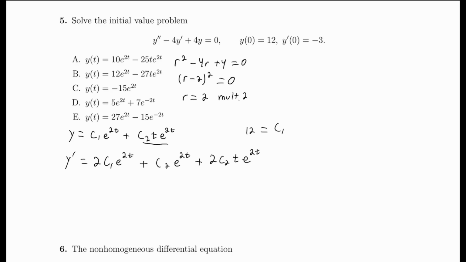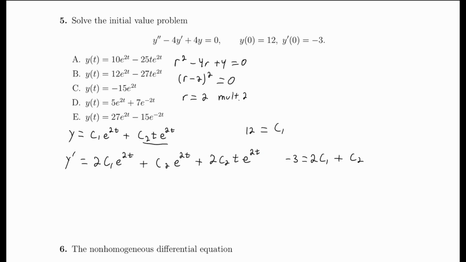We see our left-hand side is going to be negative 3 is equal to, then plug 0 in for t. We'll get 2c1, again, the e to the 2t will just become a 1, and then plus just c2, again, same reason that e to the 2t disappears, and then our last term is going to fully disappear because this t here is going to become 0.